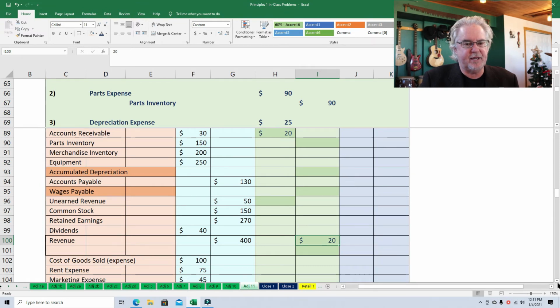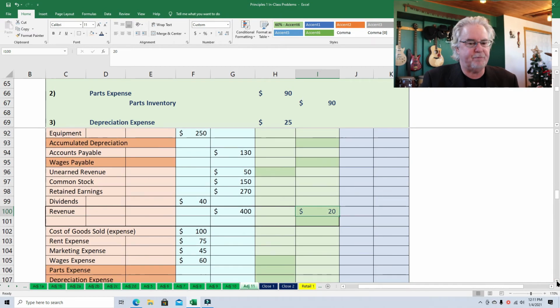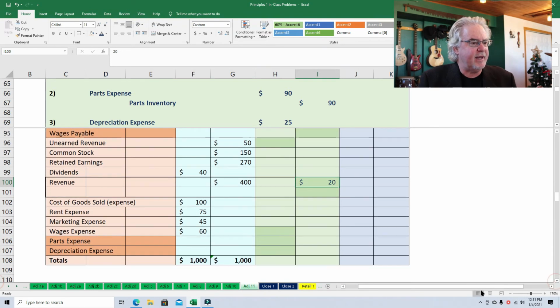All right, so coming down to the next entry, parts expense 90 and parts inventory credited for 90. So let's take them one at a time. Let's go down here to parts expense. And I've got parts expense highlighted in a darker salmon color. The reason why is I added that account, and it's okay to add accounts. If you need an account, just add it to your list here.